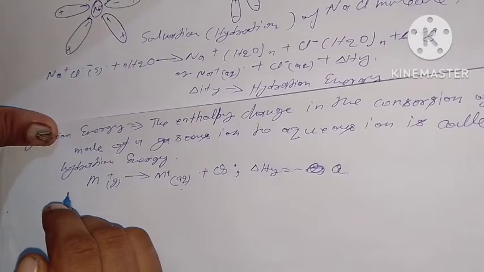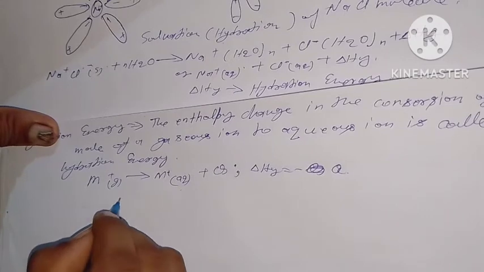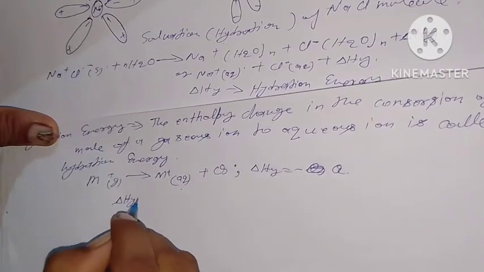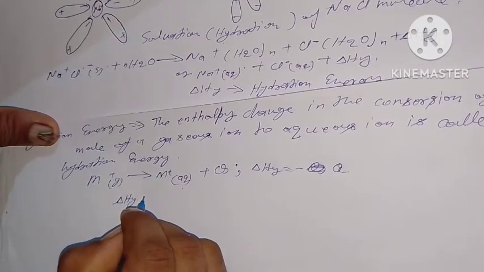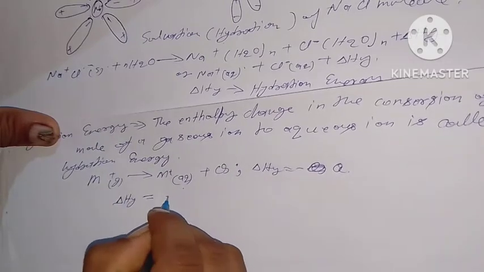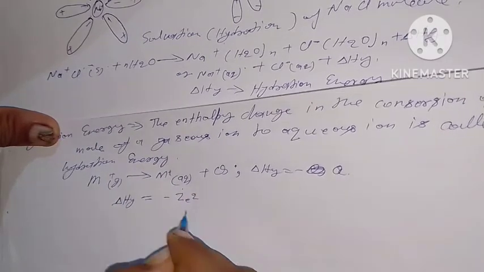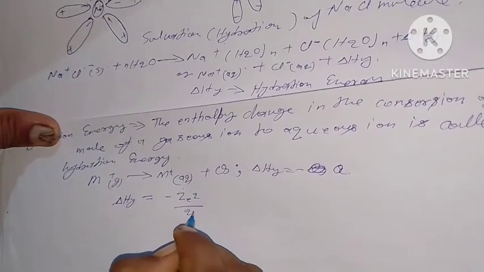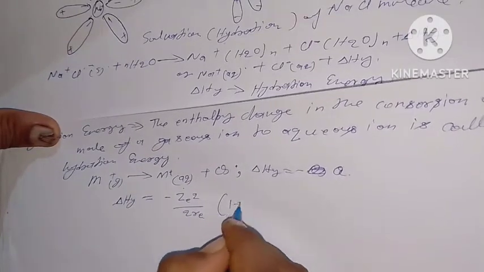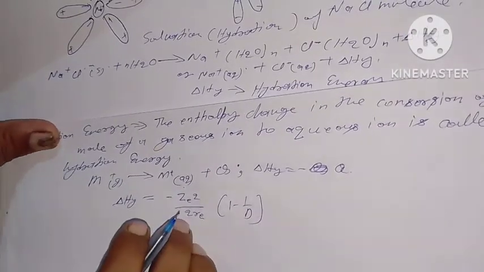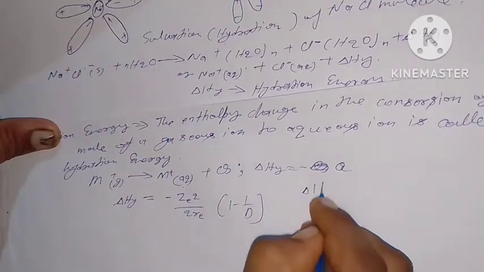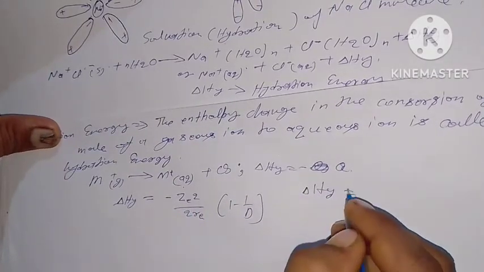It is given by the mathematical expression delta H hydration, in the form of heat, equals minus Z e squared upon 2 Re, times 1 minus 1 upon D, where delta H is hydration energy.